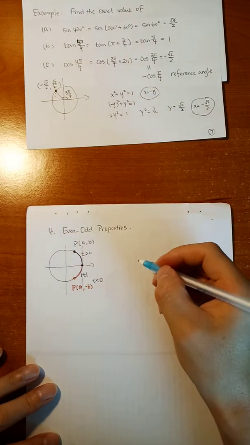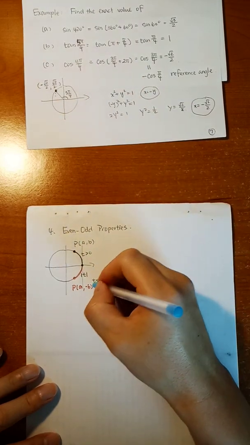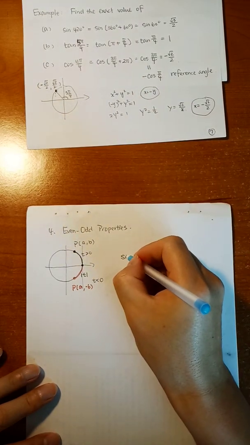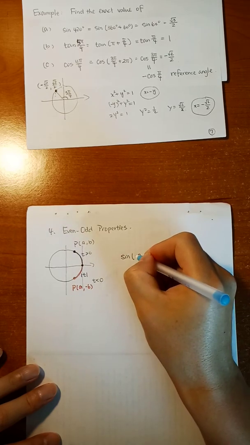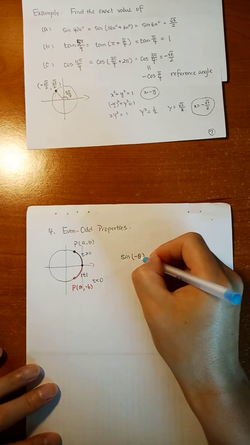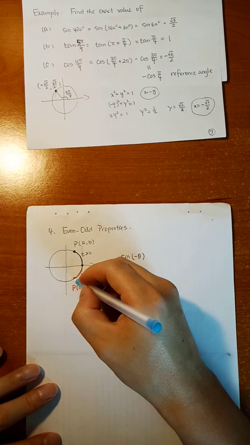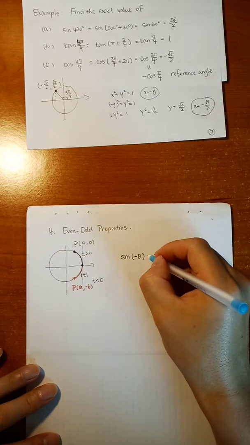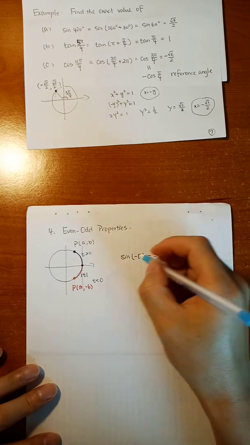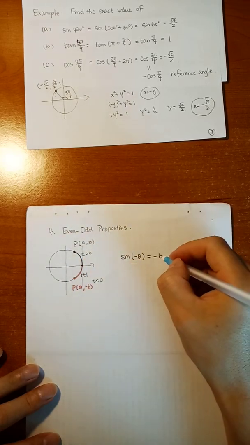So that's the observation. If we have a positive number theta and put a negative sign, it becomes a negative number, so you go along the clockwise orientation. Sine gives you negative b.